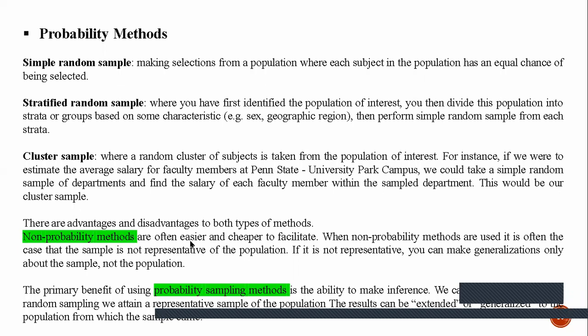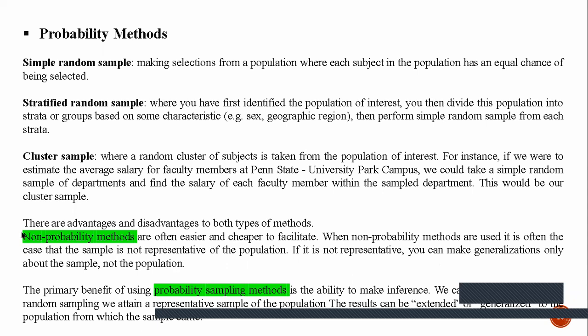Non-probability methods are often easier and cheaper to facilitate. When non-probability methods are used, it is often the case that the sample is not representative of the population. If it is not representative, then you can make generalizations only about the sample, not the population.